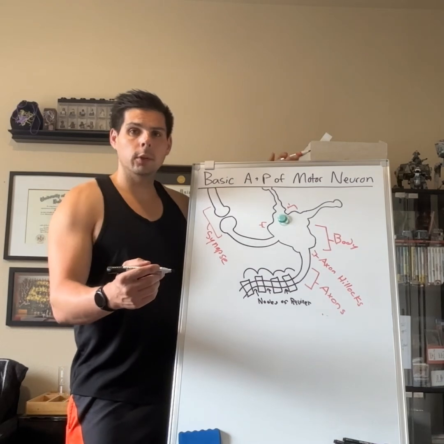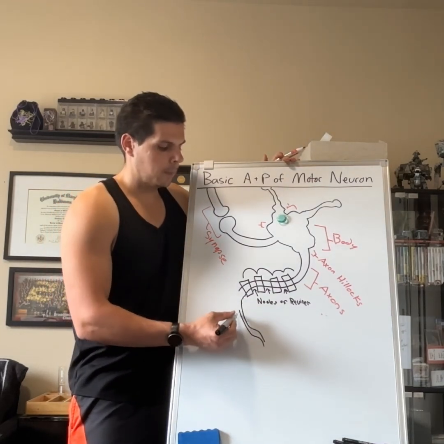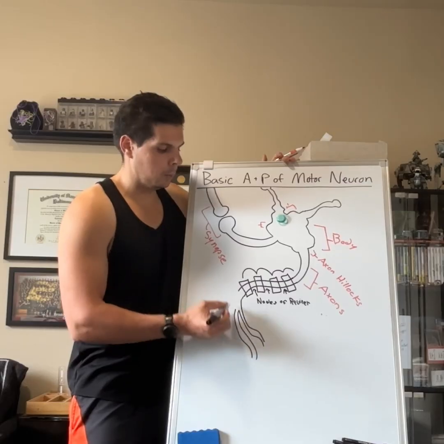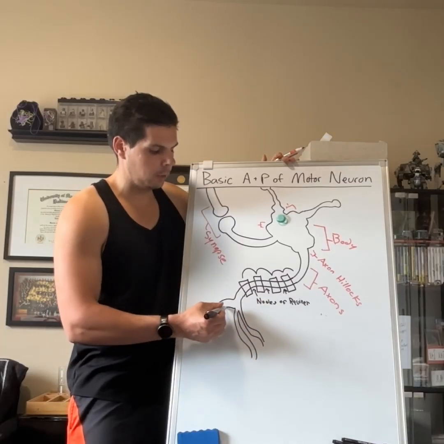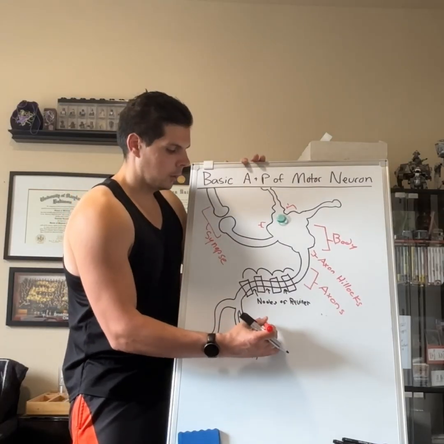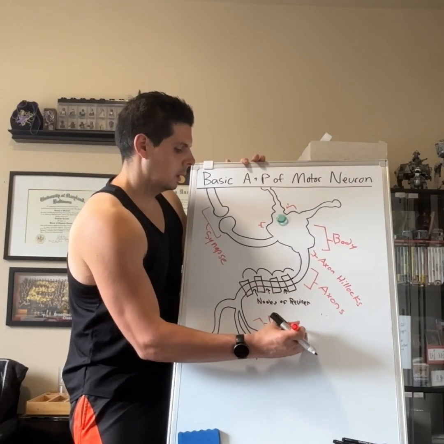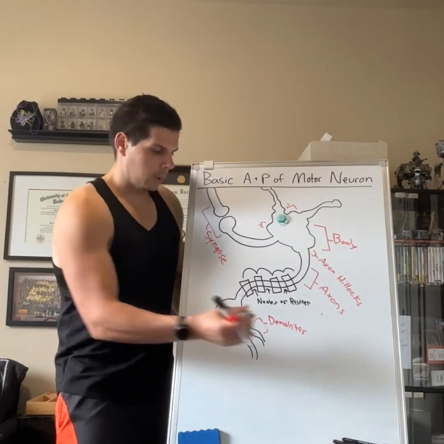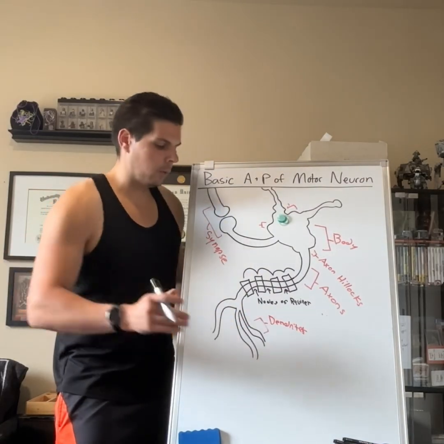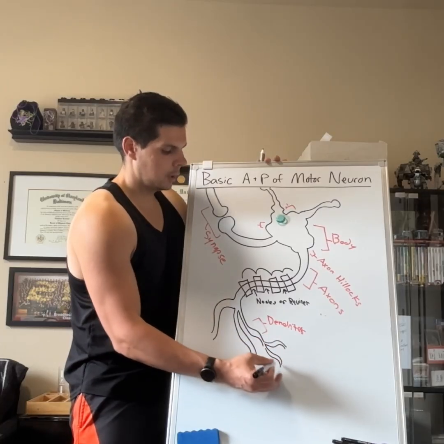As we get closer to the end of these axons, they are going to branch out further into smaller, more numerous tentacle-like projections. And these new tentacles that are popping up at this point are referred to as dendrites. The dendrites themselves branch out even further into smaller tentacle-like projections like so.